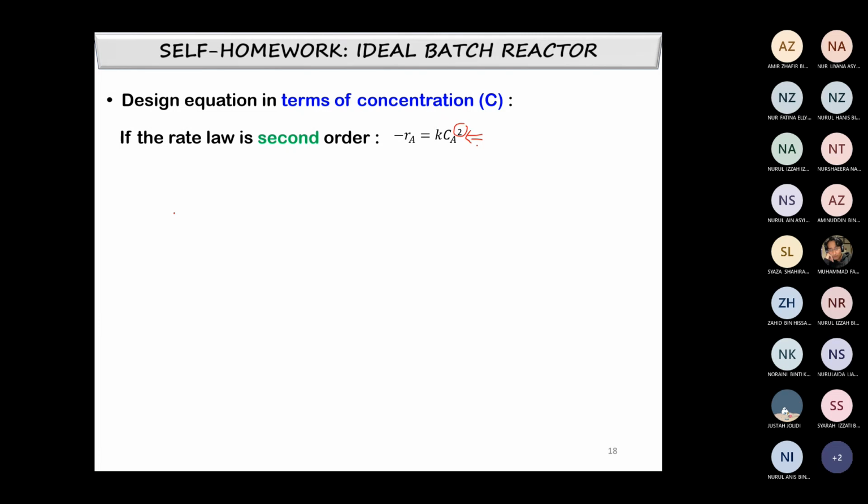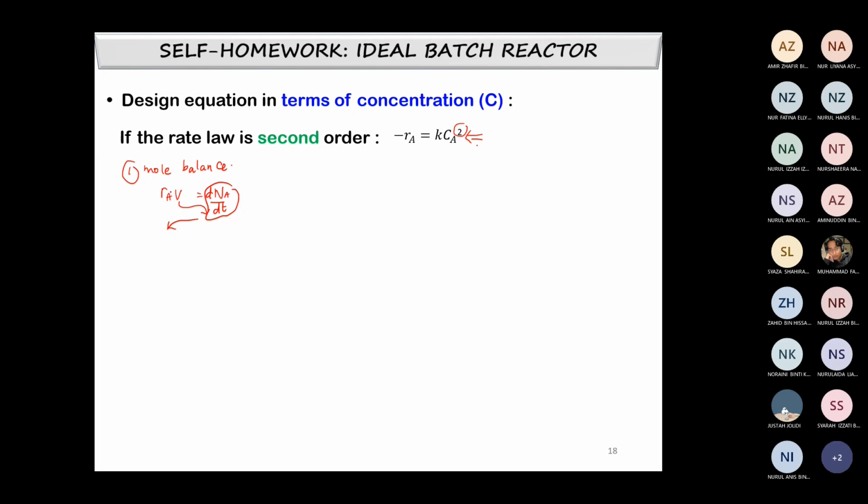So again we start with the mole balance. The mole balance you must remember until old age: RA V is equal to dNA over dt. I'm old too. So from here we want to rearrange it in terms of C. You have to convert this NA, so we have to settle this first.